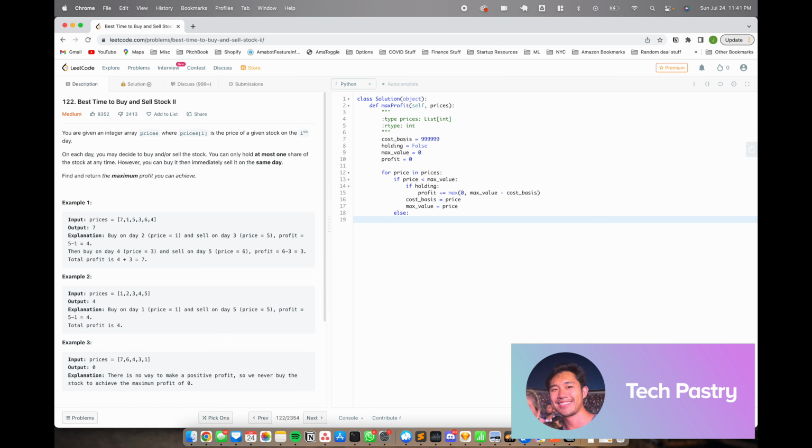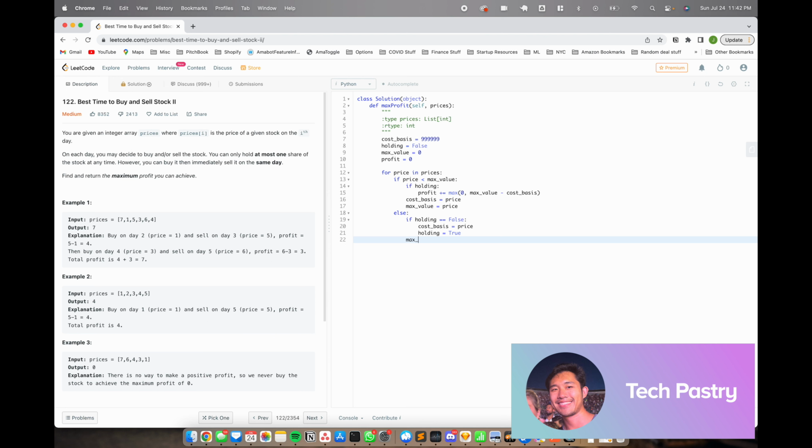And otherwise, if the max value is greater than the price, then if we're not holding, we want to set our cost basis equal to the price. We want to set holding to true.